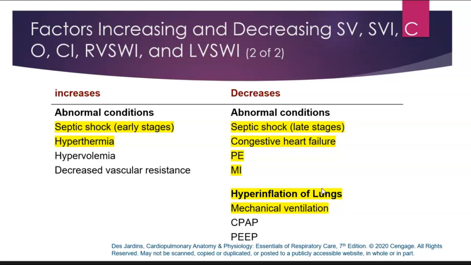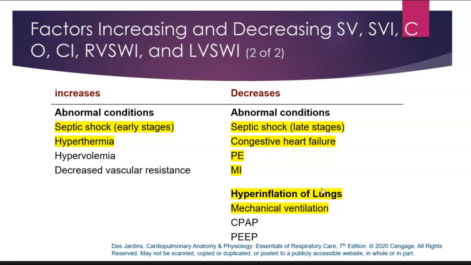We manage our patient's cardiac output by giving them fluids to try to increase or decrease it, depending on what's wrong with our patient. Septic shock, in the early stages, is the shock that patients experience when they have a systemic infection.